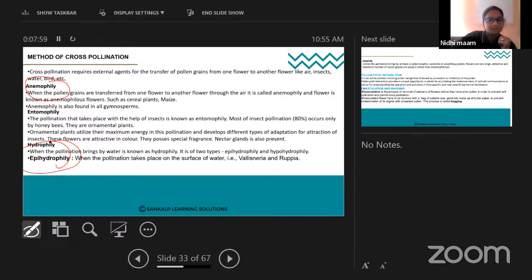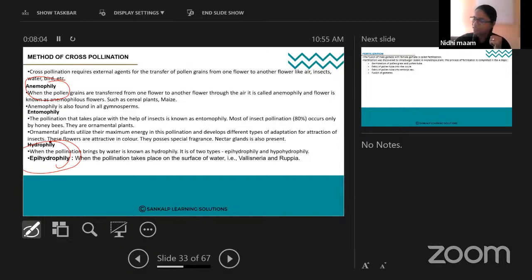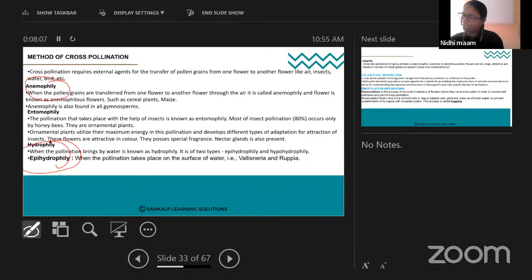It is called hypohydrophily. Epi means outer. Beneath the water, it is called hypohydrophily. Epihydrophily we can see in Vallisneria and Ruppia.